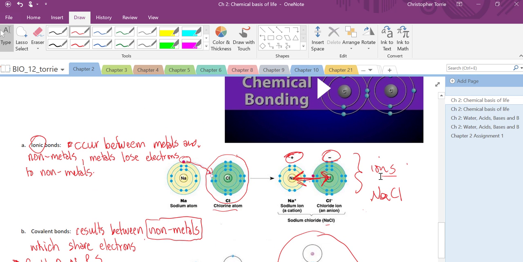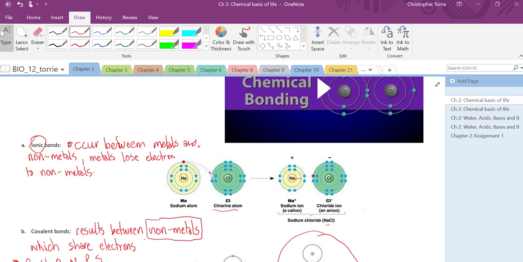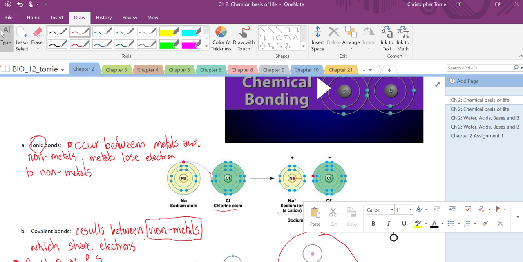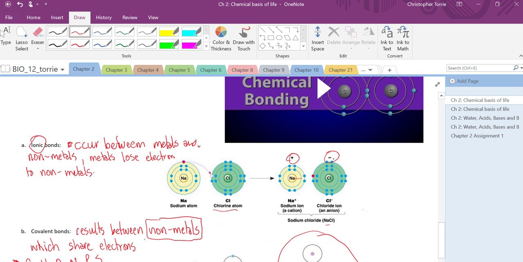Ionic bonds are the result of this electron transfer, and because of that electron transfer, you actually get charged particles. Each atom in this substance, sodium chloride, is charged, and because of that charge, we show it with a plus and a minus.